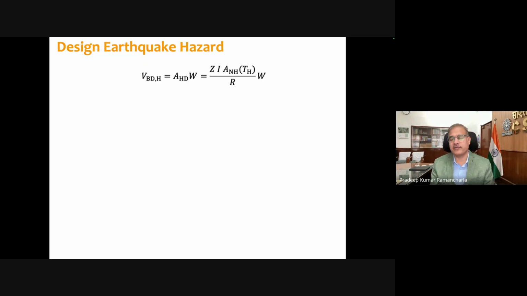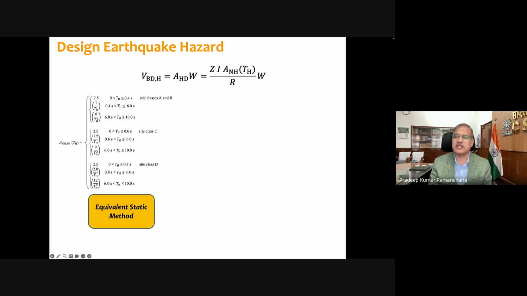So for part 5, that is for buildings, I is 1, which means that it is subsumed in the Z value. And now the response reduction factor depends on the type of structural system we are selecting. And now coming to the acceleration coefficient, which is dependent on the natural period in the principal plan direction. So this is the main formula, and W is the seismic weight.